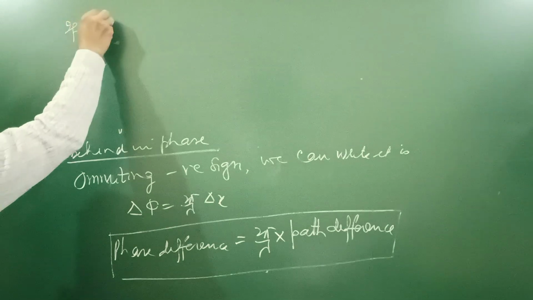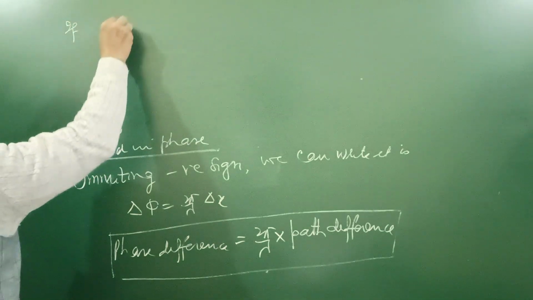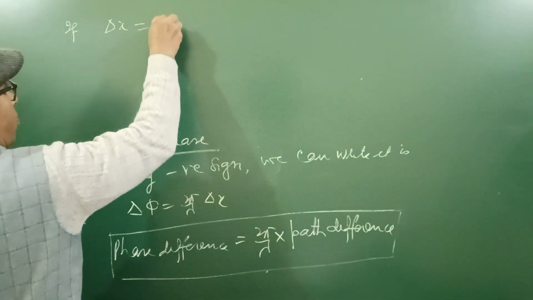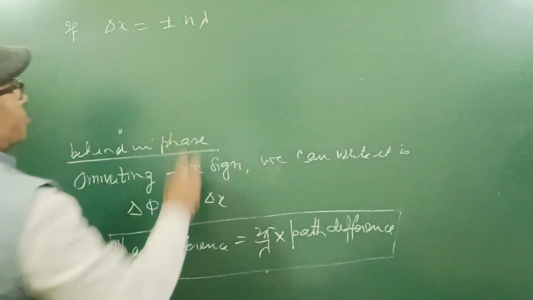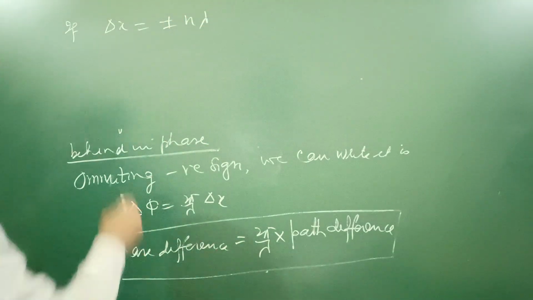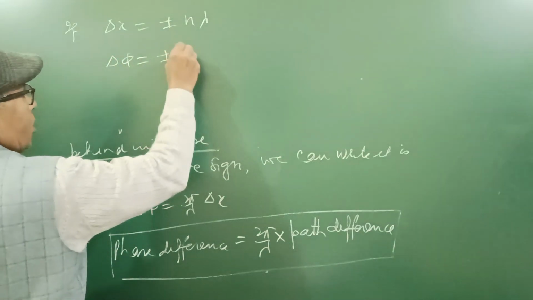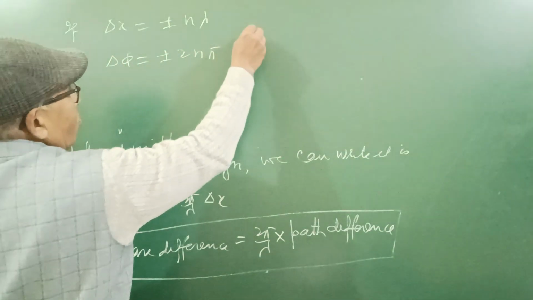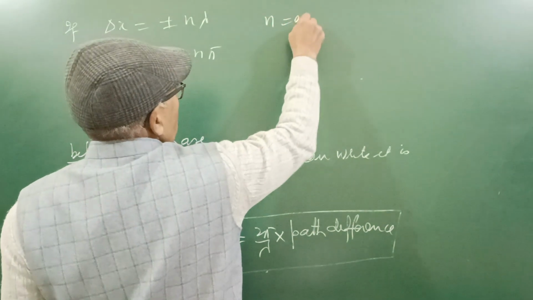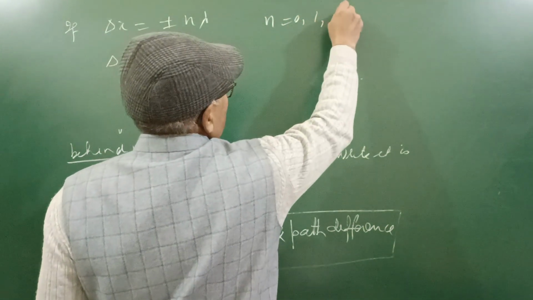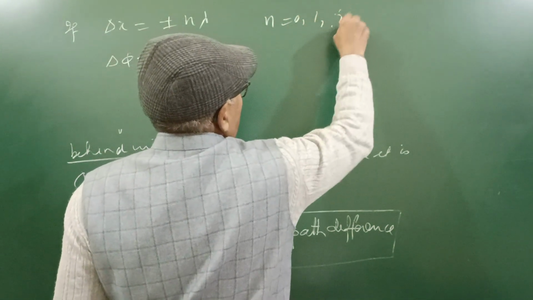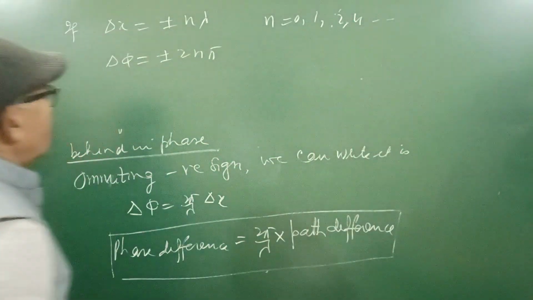If delta x, that is the path difference, is plus minus n lambda, then delta phi will be plus minus 2n pi, where n equal to 0, 1, 2, 3, 4, 5 and so on.